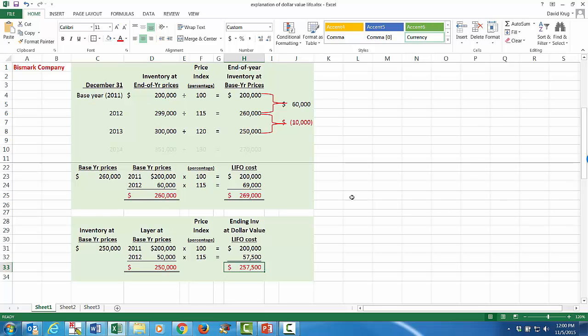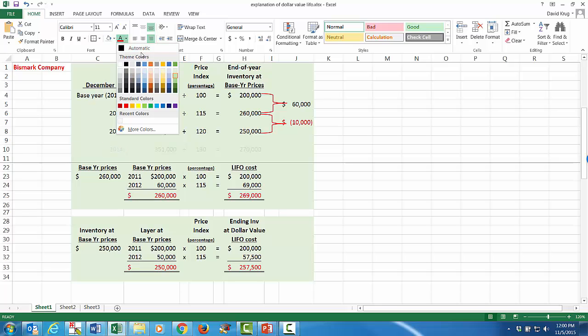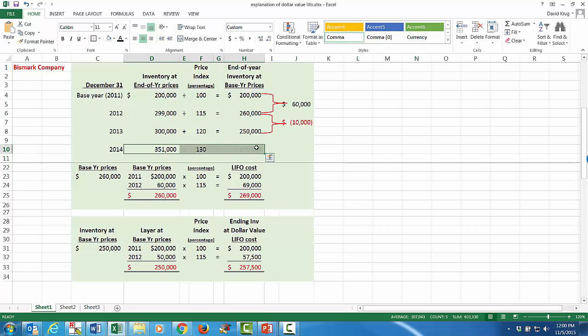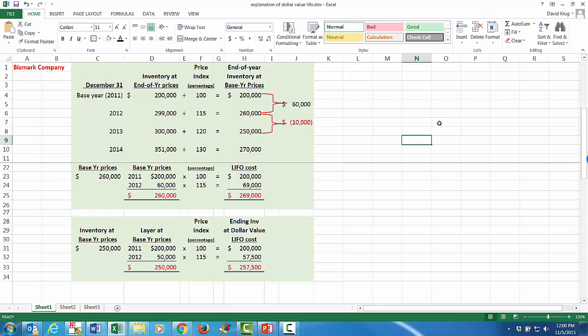All right, let's go a little further. Let's take a look at 2014. We do an inventory at the end of the year at end of year prices, and we get 351,000. Now we're told that the price index for that year is 130%. So we divide 350 by 130%, and we get 270,000.